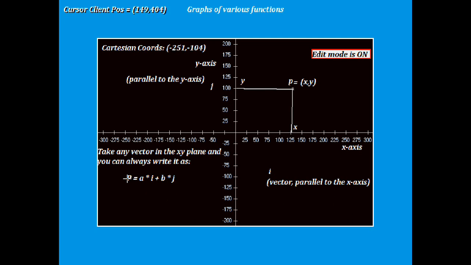So this is what they call a linear combination of these two vectors, right? And you can write any vector in the plane in this form. And if it so happens that i and j are unit vectors, then a and b are simply x and y.